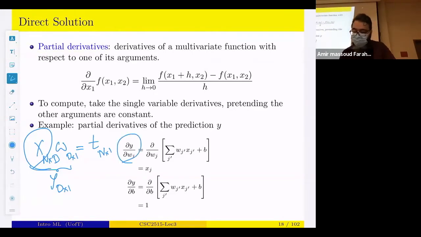We can compute that for the linear model, which can be written in this way. If we compute the partial derivative of y with respect to some weight wj, we get xj, and it is easy to say that, using the linearity of the differentiation operator.